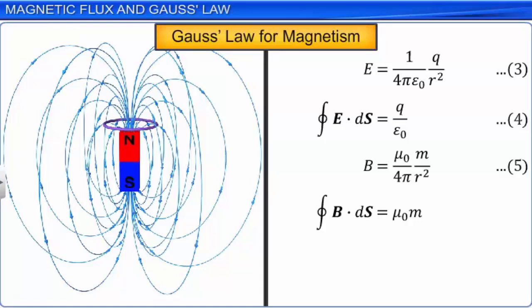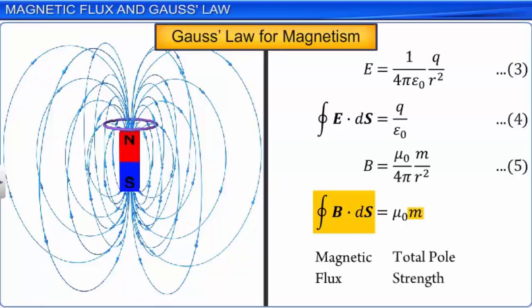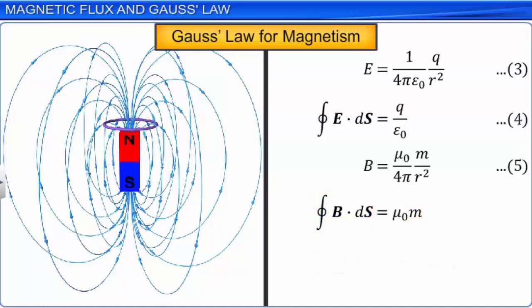Here, integral over the closed surface B dot ds is the magnetic flux, and m is the total pole strength enclosed by the closed surface. Since the isolated magnetic pole or magnetic monopole does not exist, that is, the magnetic dipoles alone exist with the poles that are opposite in nature, the net pole strength enclosed by the closed surface is 0.